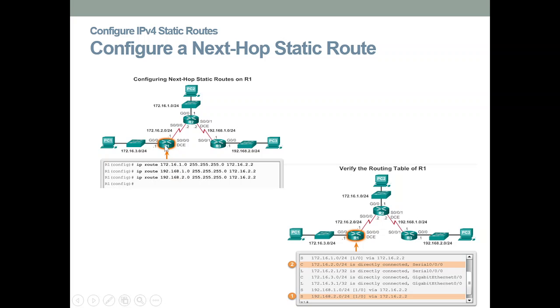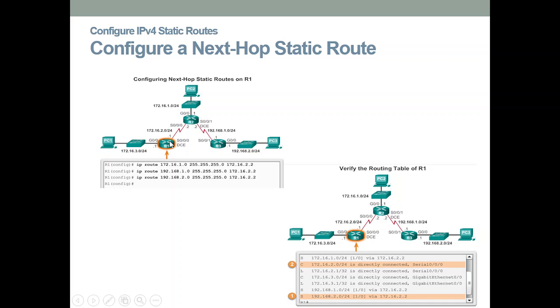Now let us understand this very well. The first thing to do always, before you think of configuring a static route, is to first identify all the remote networks for a particular router. That is the first step.